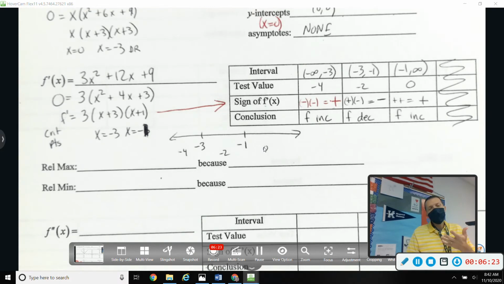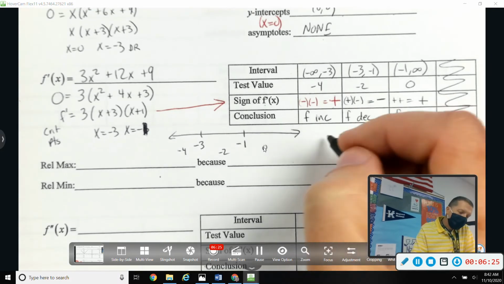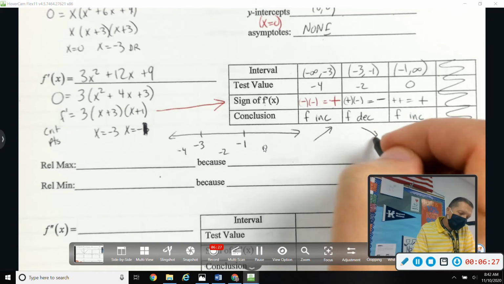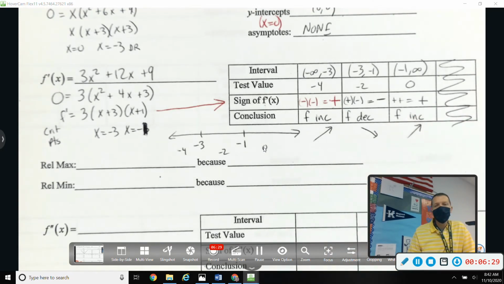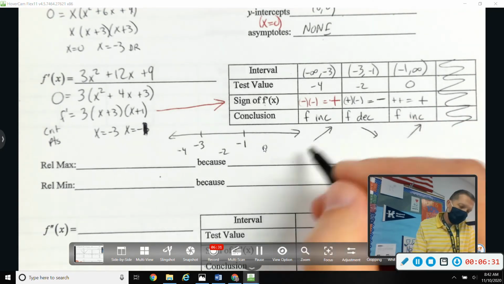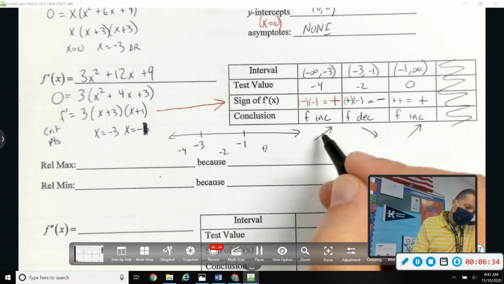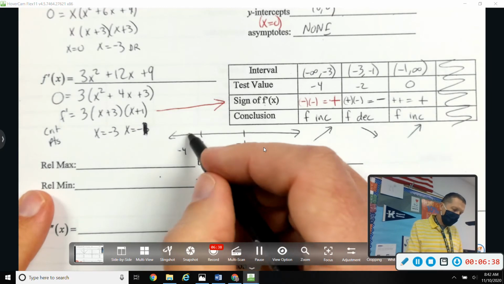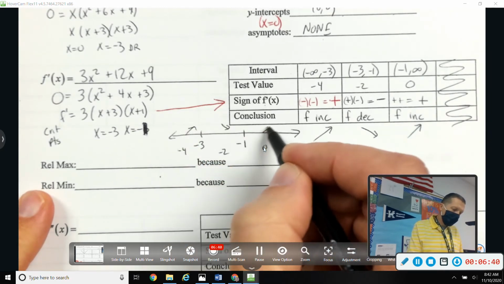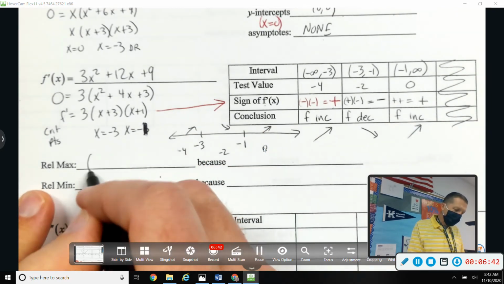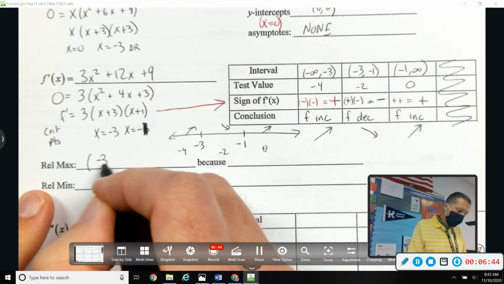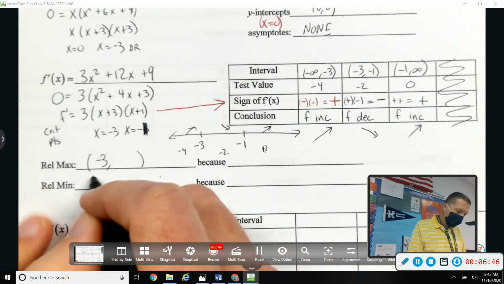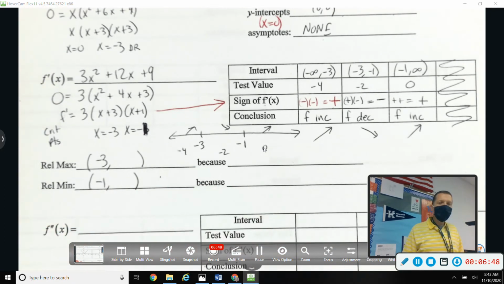And maybe the words are good enough for you to tell what's going on, but a little picture sure helps the brain sometimes. So increasing to decreasing to increasing, and the picture helps me see that there must be a relative max at negative 3 something, and a relative min at negative 1 something.